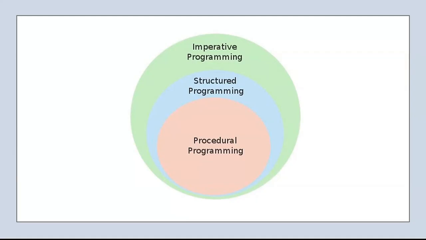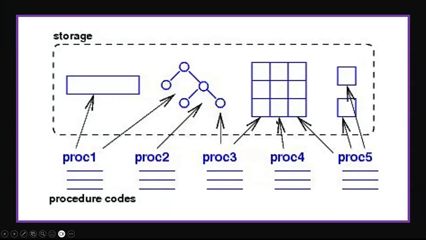And then later, imperative programming, the bigger paradigm, was created, including object-oriented programming and functional programming, with different kinds of features added to the so-called structured programming. Overall, it becomes a new category called imperative programming.